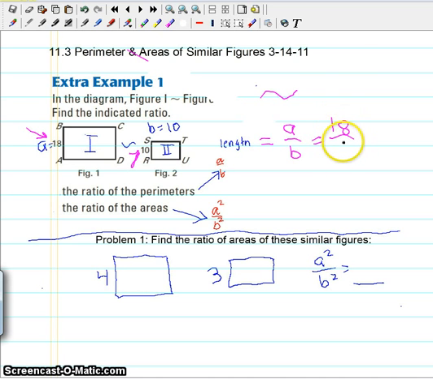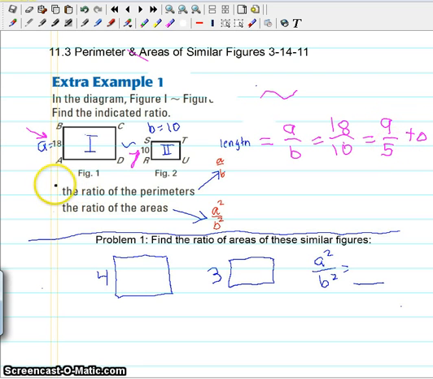So that's going to simplify down to 9 to 5. Okay, remember when we're using ratios, even though it looks like a fraction, we pronounce the fraction bar as "to". So it's 9 to 5, top number to bottom number.